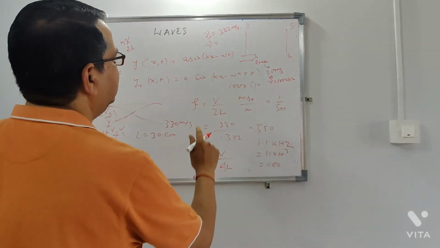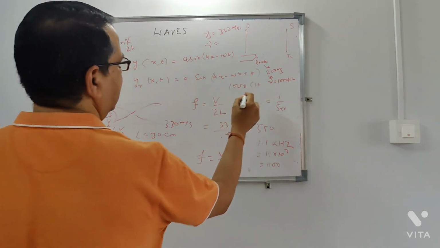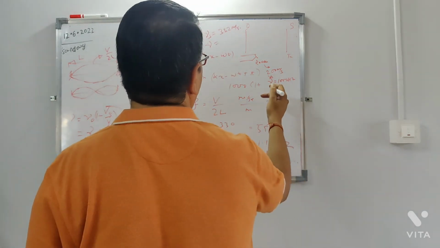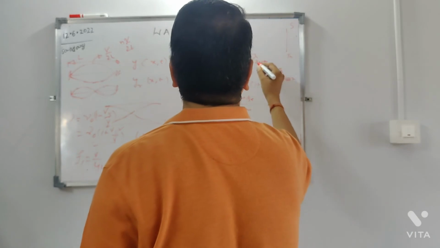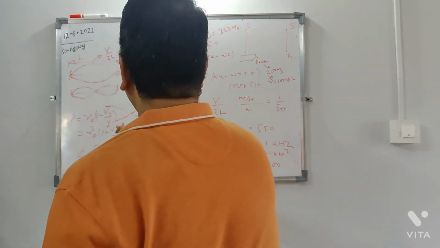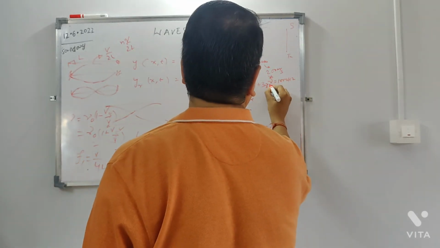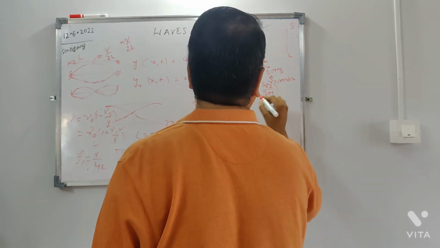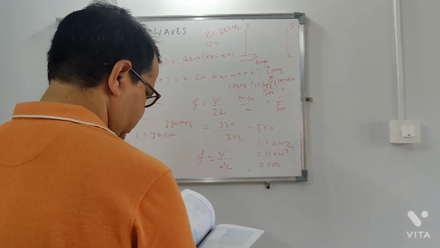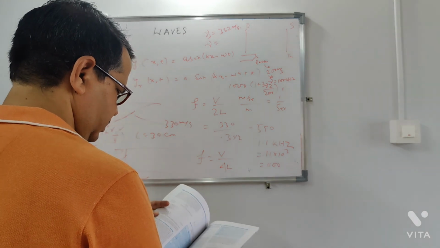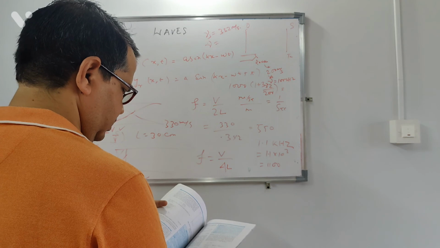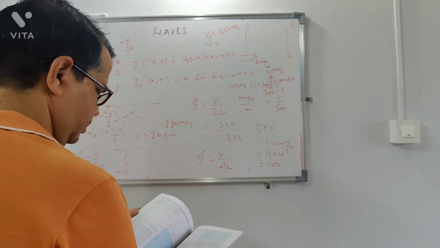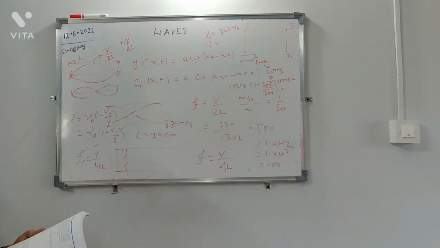The target will see it as 1000 into 1 plus, with the velocity of sound in the numerator, 332 by 200. So this will be something around 1330.